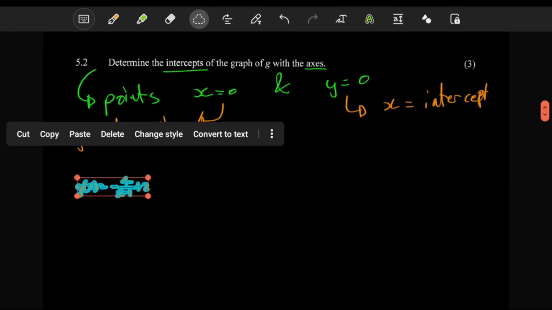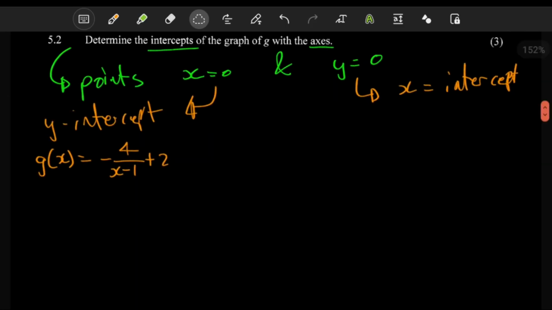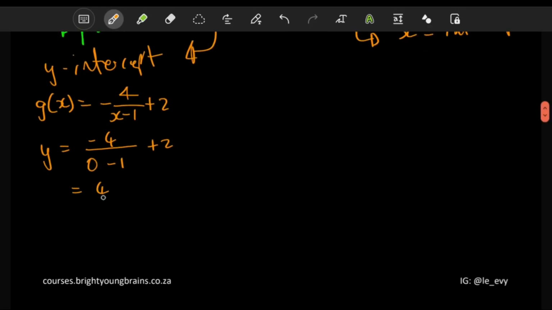Let's start with the y-intercept. We need to make x 0, so y is equal to negative 4 over 0 minus 1 plus 2. This gives you a positive 4 plus 2, which is 6.